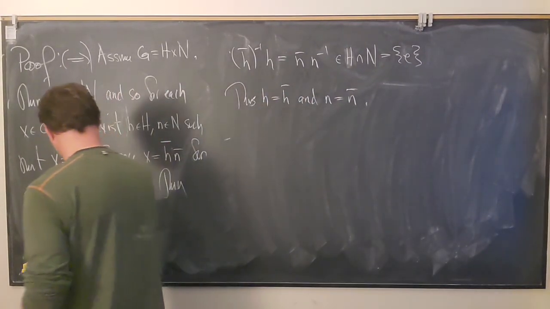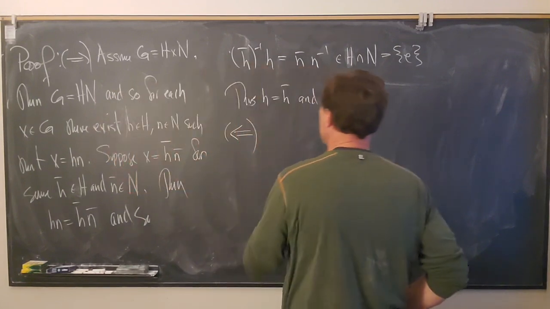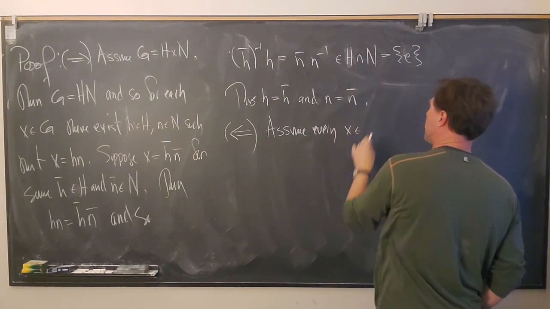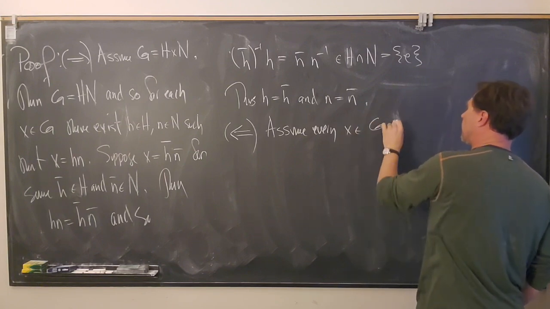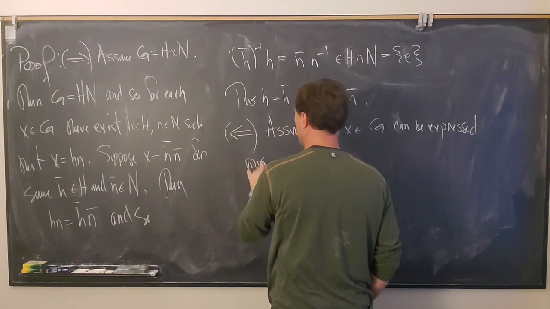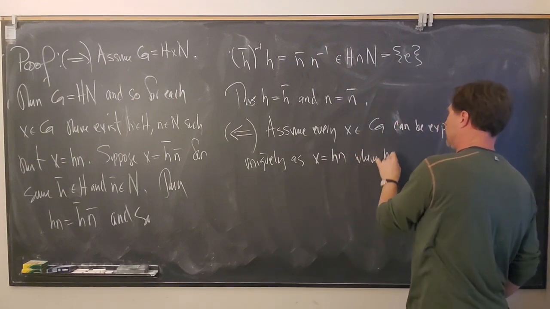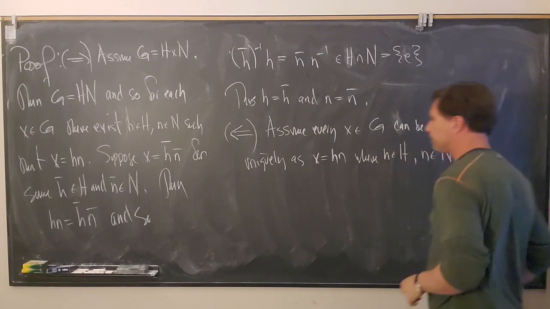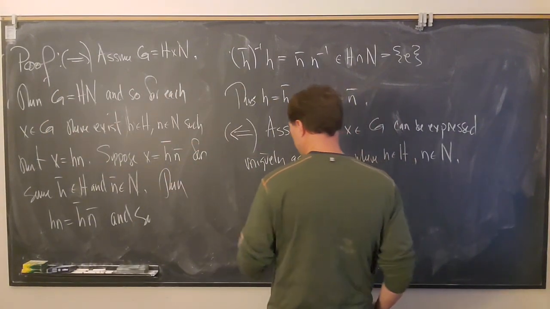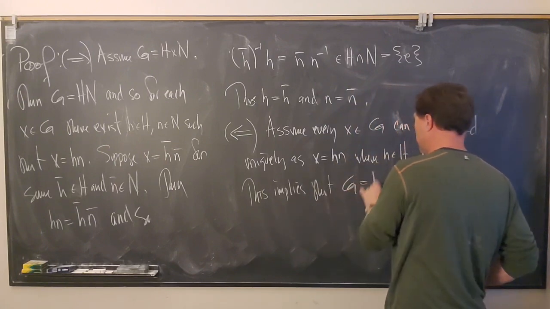All right, now for the reverse direction. So let's assume every x in G can be expressed uniquely as x equals hn, where little h is in capital H and little n is in capital N. Okay, so now what I need to do is show that G is the internal direct product of H and N. So this implies that G equals H times N, right?